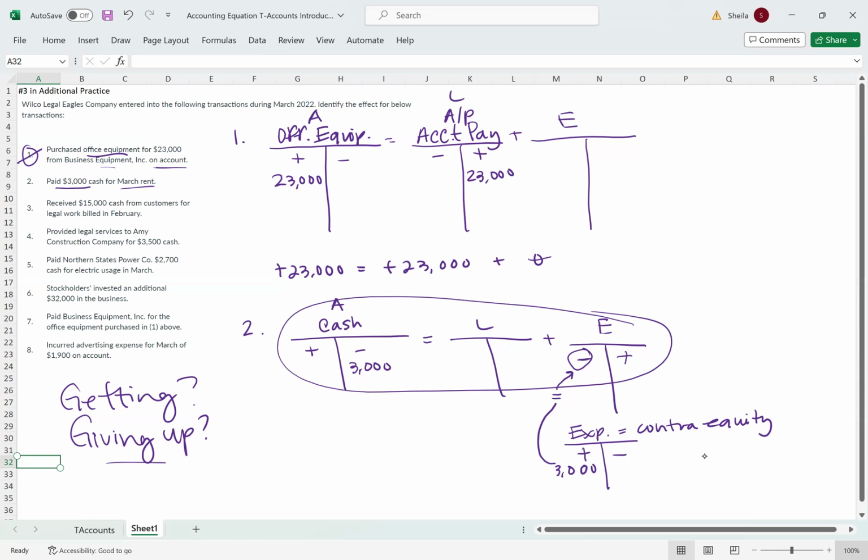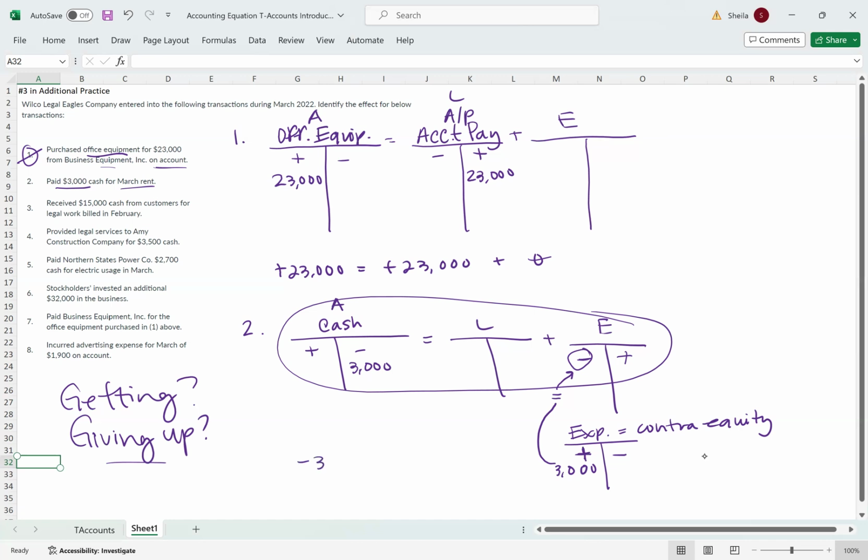Now, again, this gets a little bit confusing, but remember, revenue minus expense equals net income. Revenues increase my equity. Expense decreases my equity. As I incur more expense or I debit my expense account, I'm actually increasing that expense. That increasing expense is what decreases my equity.